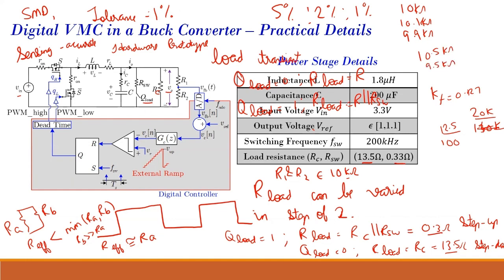As these vary, your gain, your step down ratio which you have designed for and the one which you practically get will change. So it is recommended to use resistors with very low tolerance.